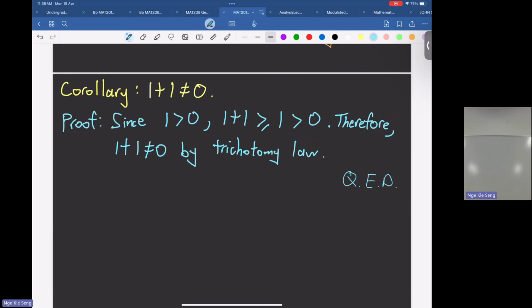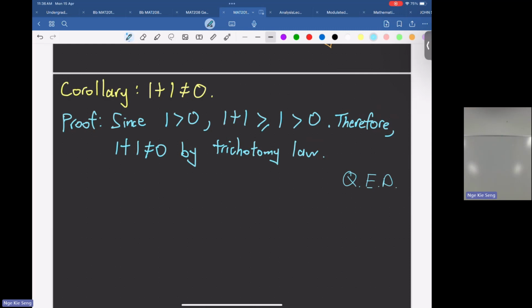In what world is 1 plus 1 equal to 0? Modulo 2? Yeah. 1 plus 1 is defined to be 2.